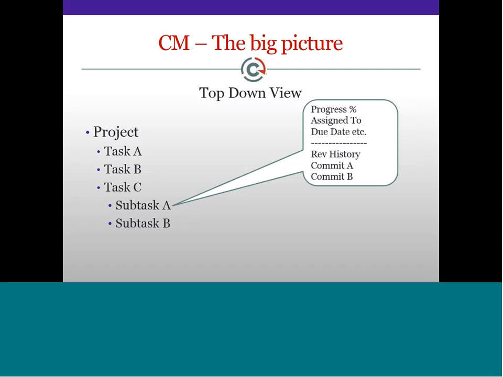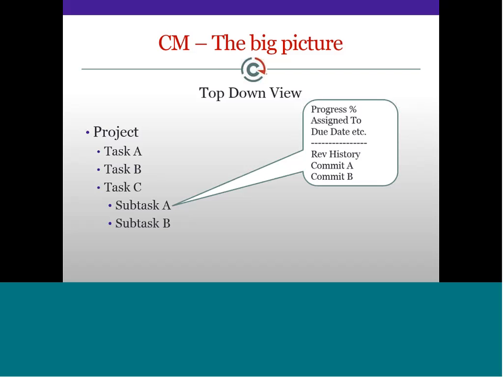And if you notice, there is also something called rev history here. Don't worry if you don't understand the terminology, we will get to it when we talk about the software systems. So essentially what you have here is associated with the task, you also have a detail of what got changed due to that.